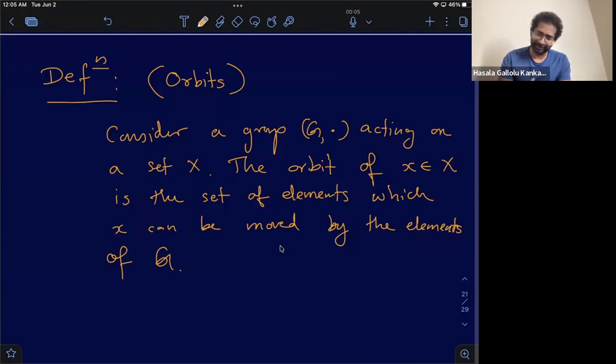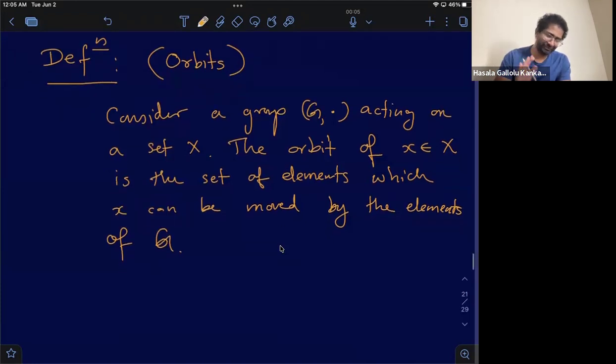Rather than looking at all of these words, the words would say it, but the notation would say it much more conveniently.